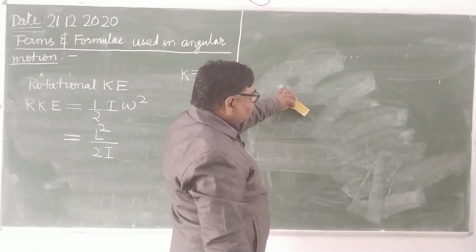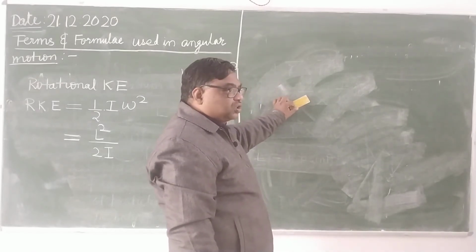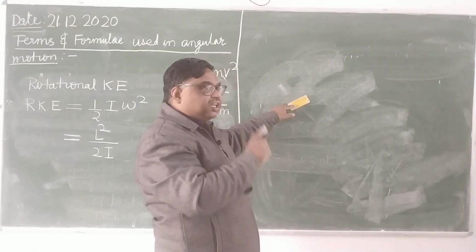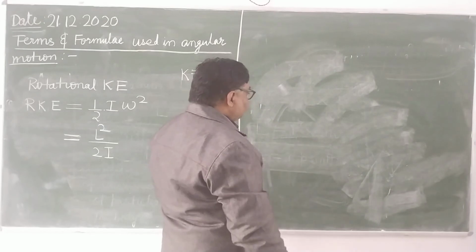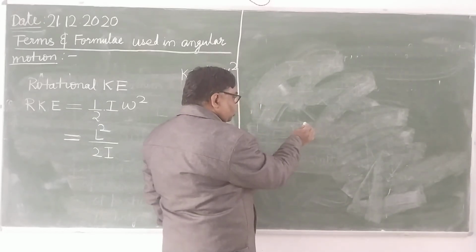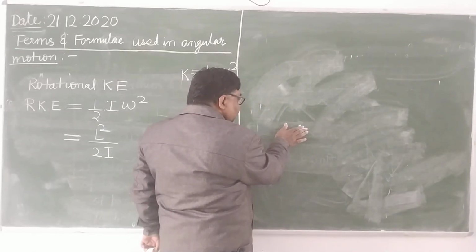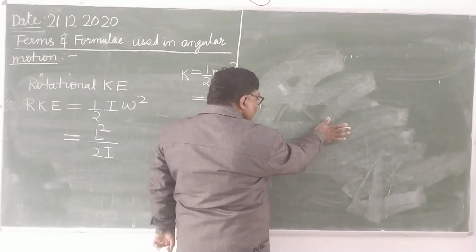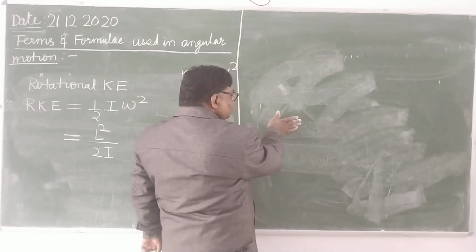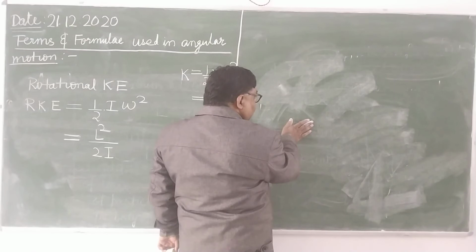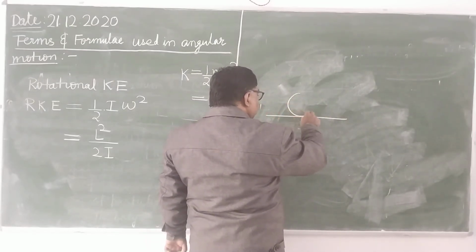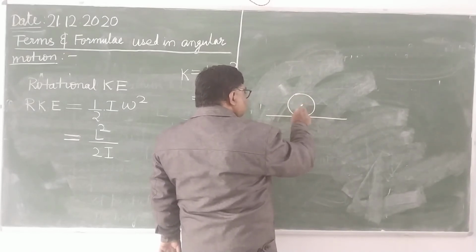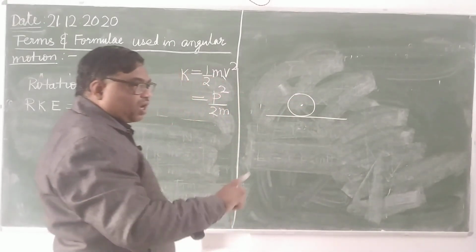But the body is not performing linear motion; it is rotating at the same place. But if you see this chalk, it is rotating as well as moving in a circular motion, which means it has rolling motion also. Or you can see the wheels of a bicycle, which rotate as well as move on the ground.